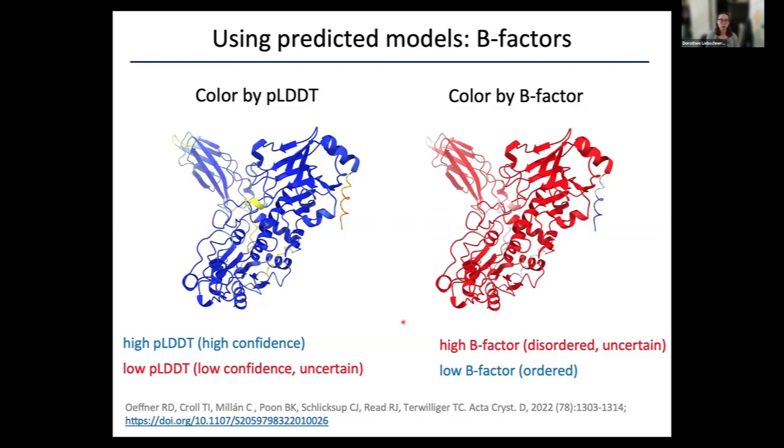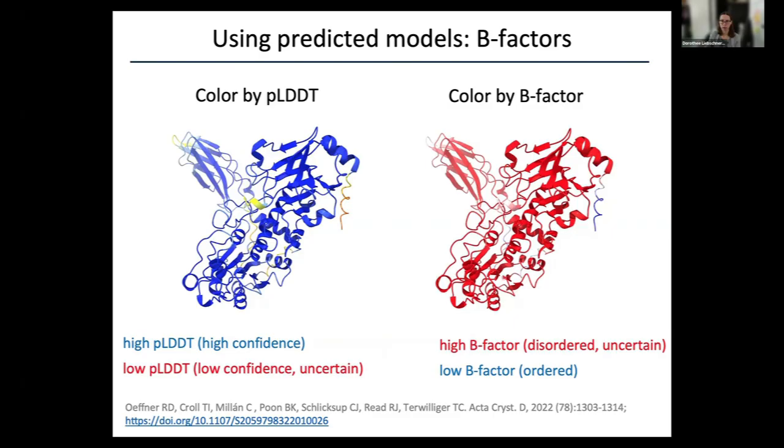The relationship between PLDDT and B factor is exactly inverse. So if we have a high B factor in a macromolecular model, then this typically means that this residue is disordered, meaning its position is probably more uncertain. If the B factor is low, it's more ordered. So the relationship here is exactly inverse.